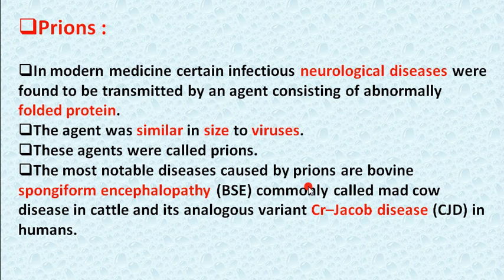This is an important point. Spongiform encephalopathy, BSE, is commonly called mad cow disease in cattle, and its analogous variant is Creutzfeldt-Jakob disease, called CJD, in humans. In humans too, prions affect through the CJD disease, Creutzfeldt-Jakob disease.